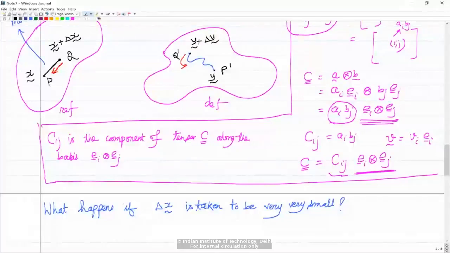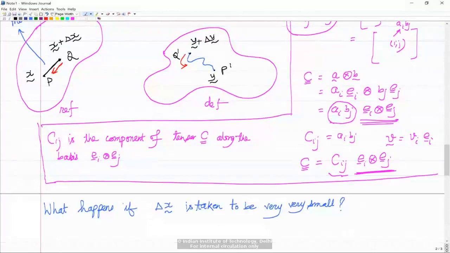So in the limit, when delta x becomes really, really small, or what one says is infinitesimal, what's going to happen? That curved line, isn't it that you can approximate it as a straight line? Isn't it?